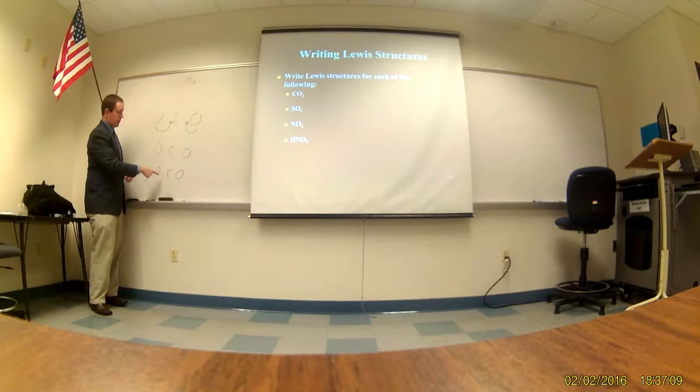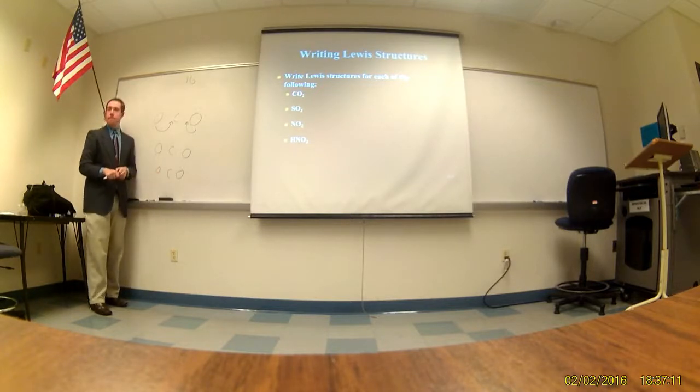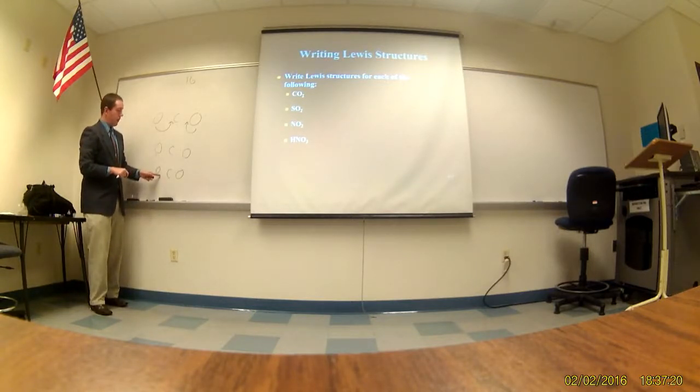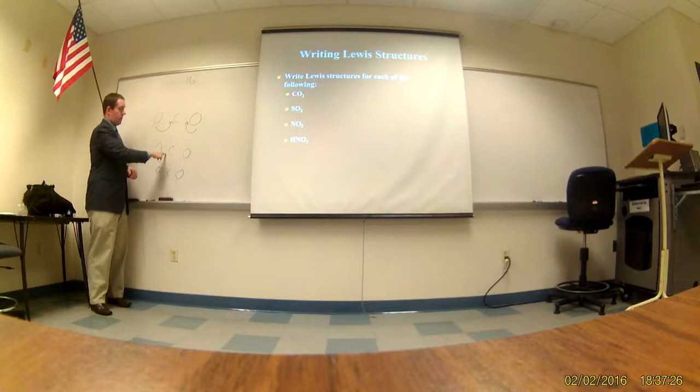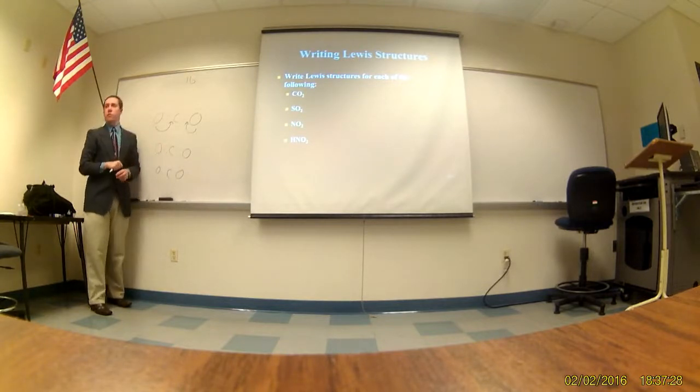How many bonds has carbon made? 4. How many does it want to make? 4. How many has oxygen made? There it's made 3. There it's made 1. How many does it like to make? 2. So here, each oxygen has made 2. So it's the right one.